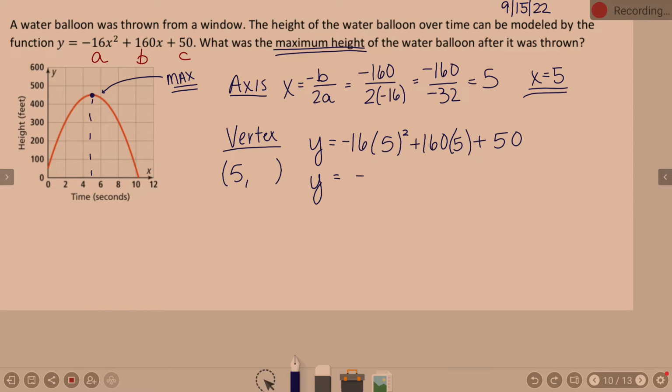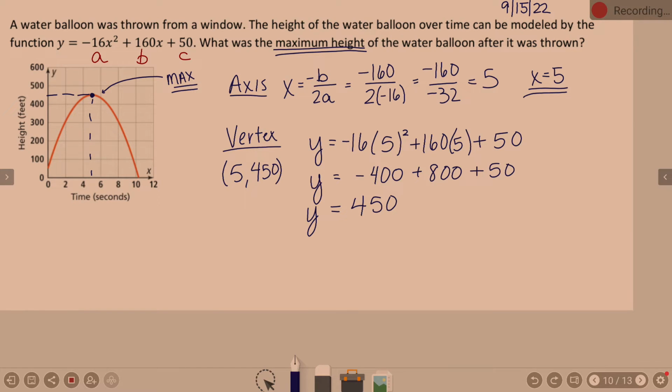Negative 16 times 25 is negative 400. 160 times 5, 800, plus 50. Negative 400 plus 800 plus 50? 400 plus 50. 450. Okay. Does that make sense? Yeah.